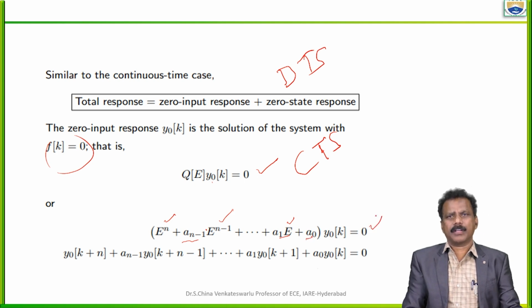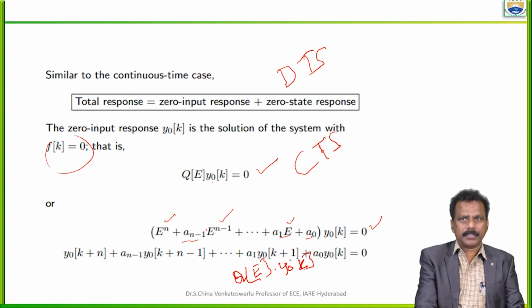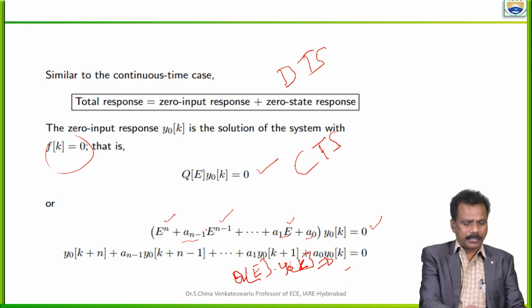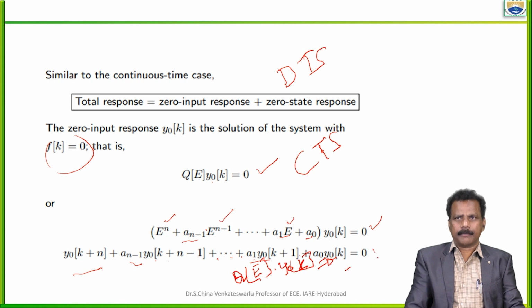Similar case, y0 of k: here we write how it affects Q of E and y0 of k is equal to 0. But here y0 of k plus n, plus a(n-1) y0 of k plus n minus 1, plus so on, a1 y0 of k plus 1, plus a0 y0 of k equal to 0.